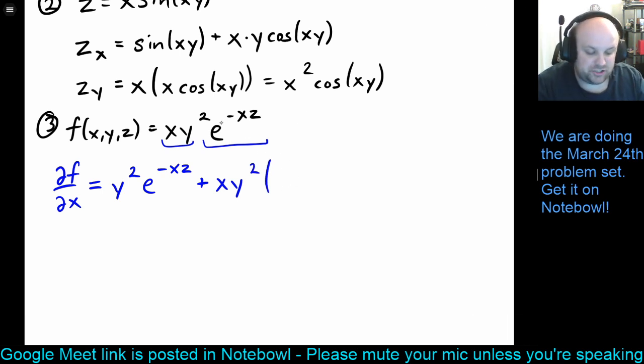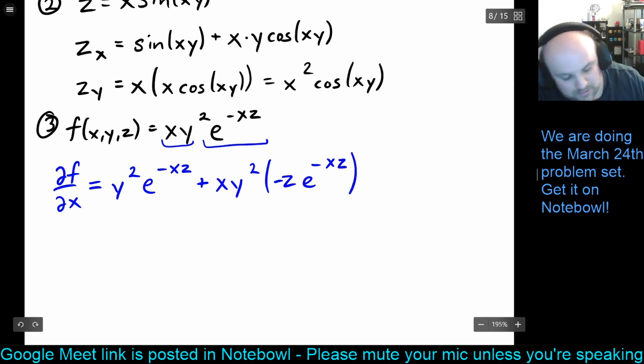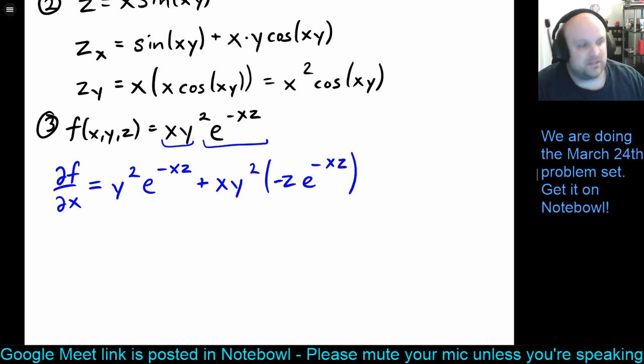When we differentiate the second part here, a negative z comes out, and then that's it. Right?